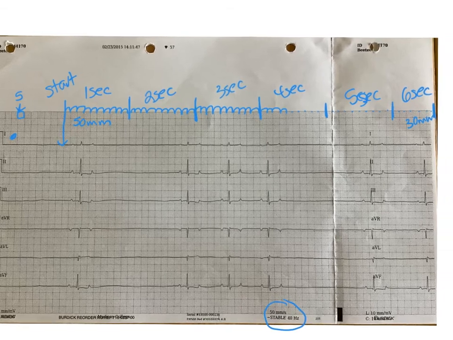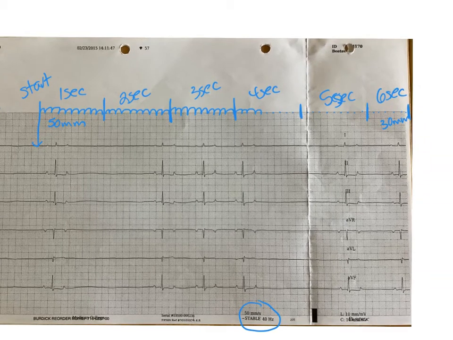So let's count the number of R waves that we have in our 6 second block. We have 1 R wave, 2, 3, 4, 5, and 6. So we ended up with 6 R waves in 6 seconds.